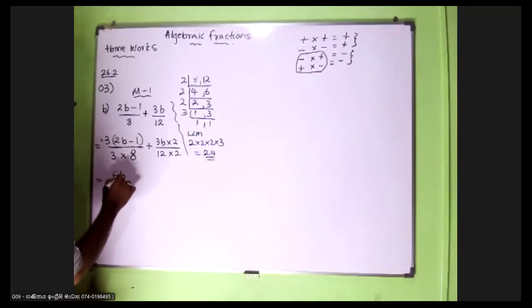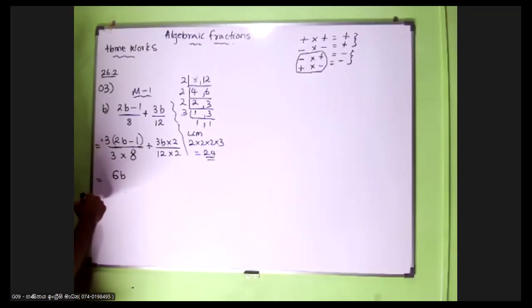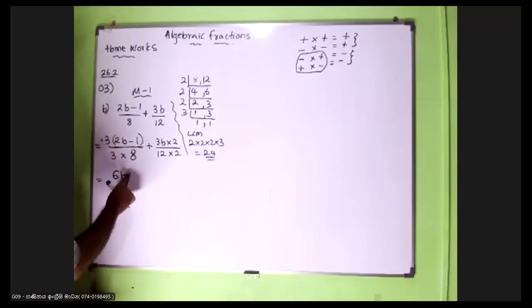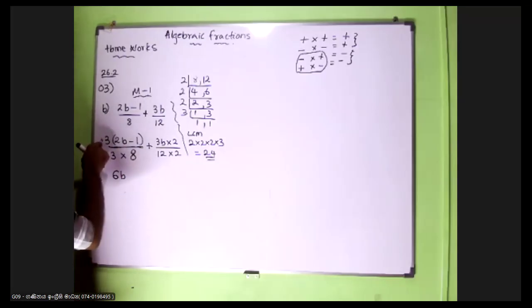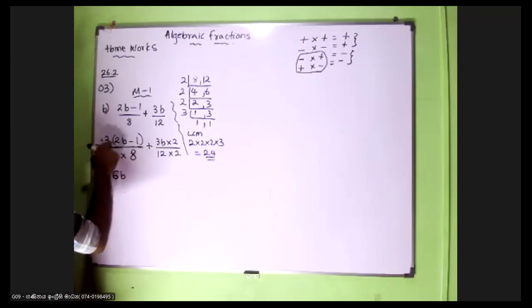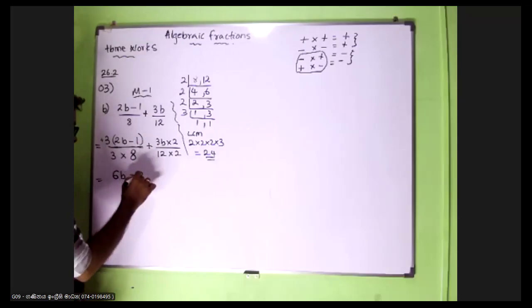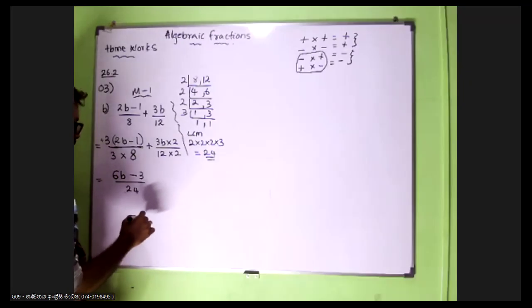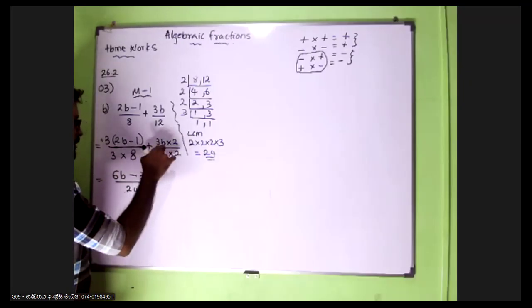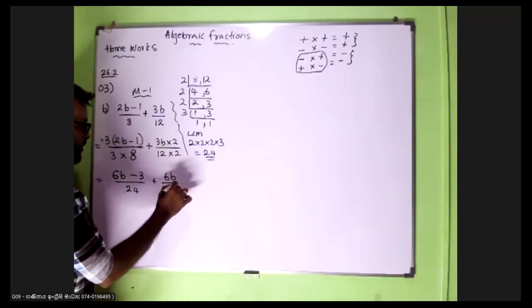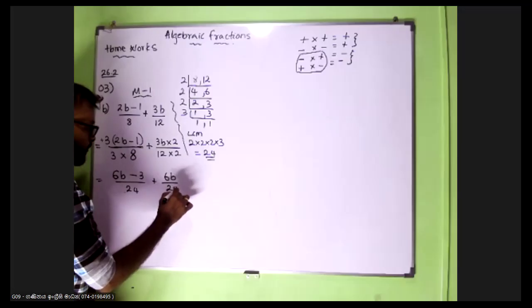Minus: positive into negative, negative. 3 times 1, 3. The denominator is 24. And here I have 3b into 2, 2 times 3, 6b. 6b divided by 24.